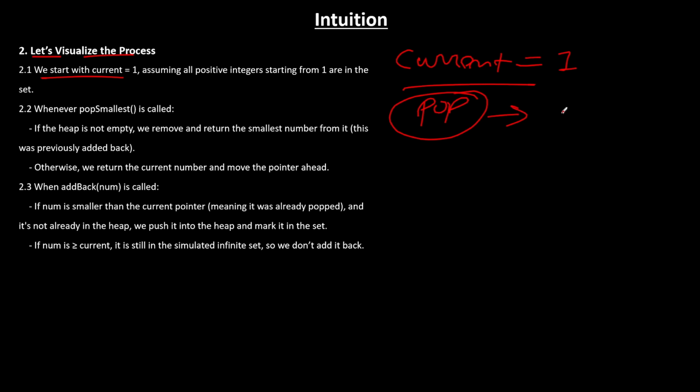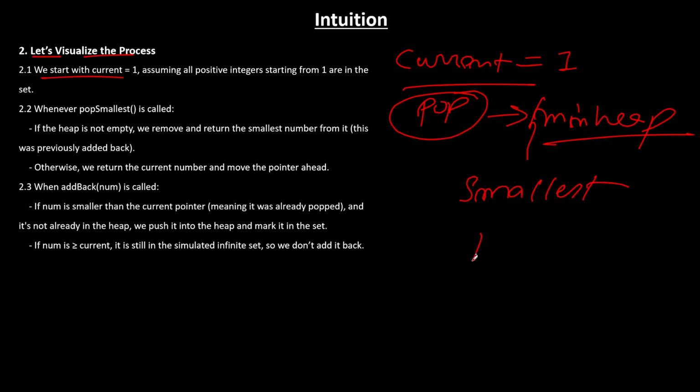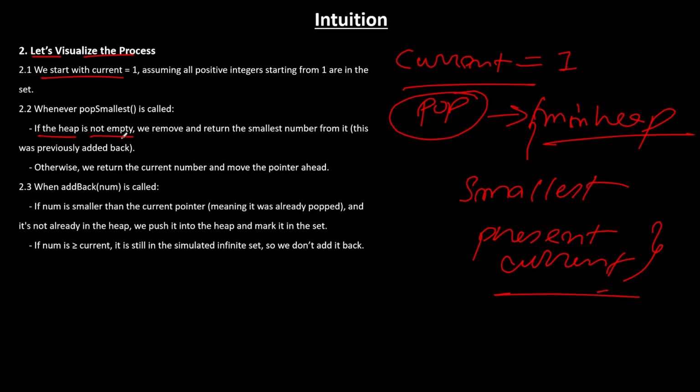Now we know that we are using a min heap, and if you use the concept of min heap, it will automatically give us the smallest element currently present. So this will help us get the smallest element. If the heap is empty, of course, we cannot do anything about that. But if it is not empty, we remove and return the smallest number from it. Simple as that. We will use the min heap concept and just pop the smallest element from the set. That's all. Fine.